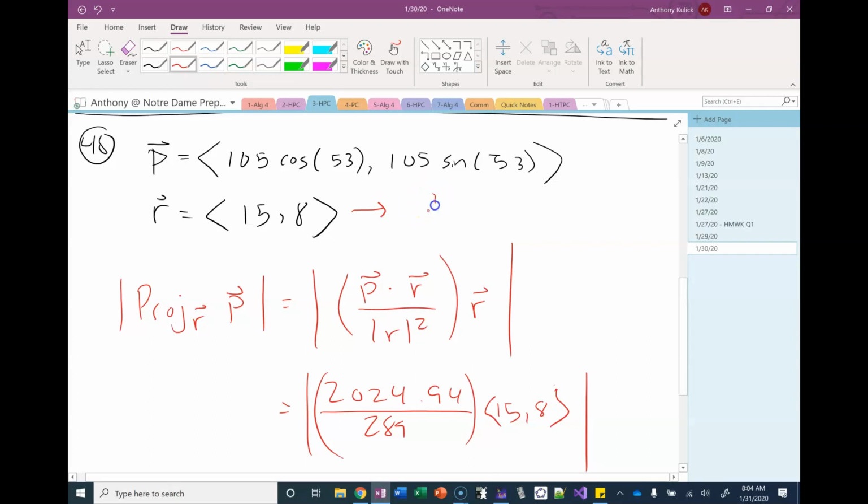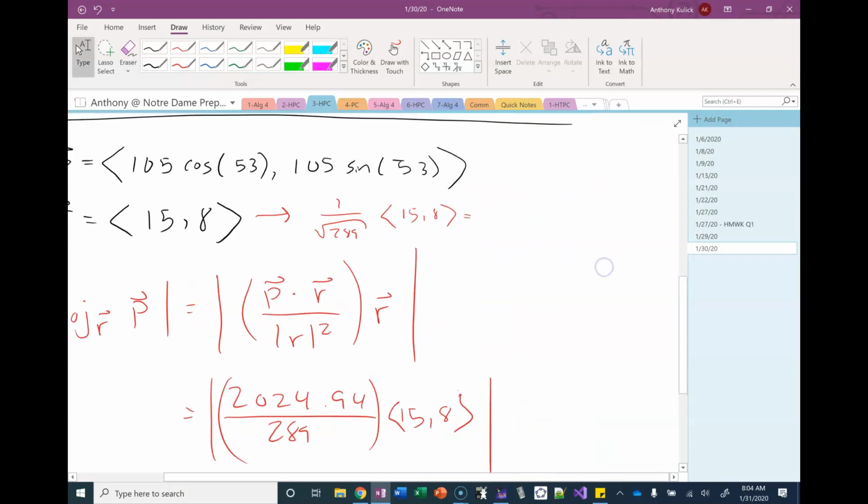So that would be 1 over the square root of 289 times that stuff. So I would have 15 over 289, comma 8 over 289. And because this is just like an intermediate step, I'm not going to bother to rationalize the denominator here since we're going to do something again with it.